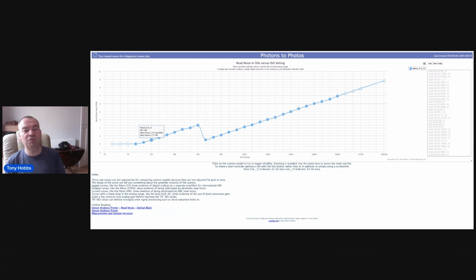It's almost as if, once you go above ISO 100, you may as well go to 500 and gain. 100 to 200 is double, 200 to 400 is double. That is two stops of light.